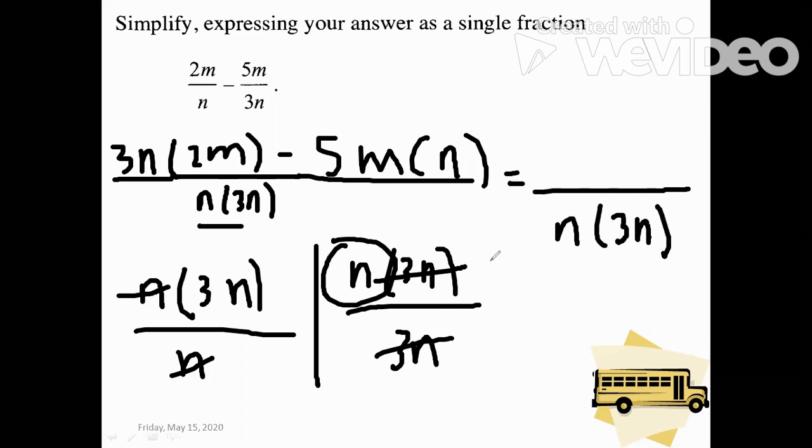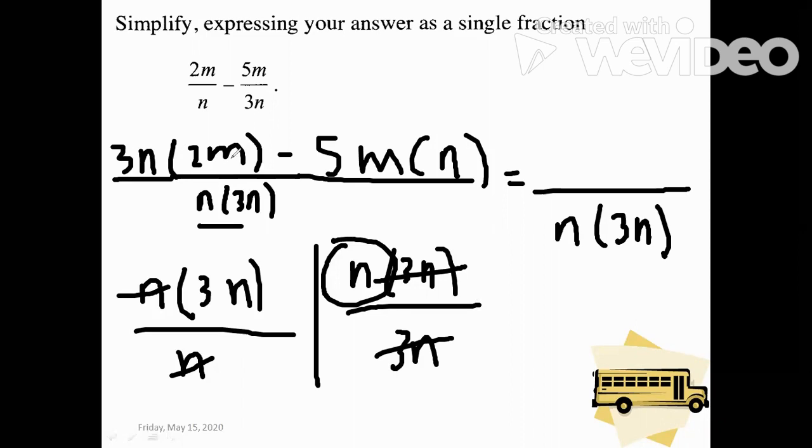Some of you might say, sir, what if you just write 3n squared? Not wrong, but I want to make it as simple as possible. Some of you say, sir, how do we know to leave it like that and then multiply? It takes practice and experience. But if it's 3n squared, it doesn't really matter still when you try to simplify it.